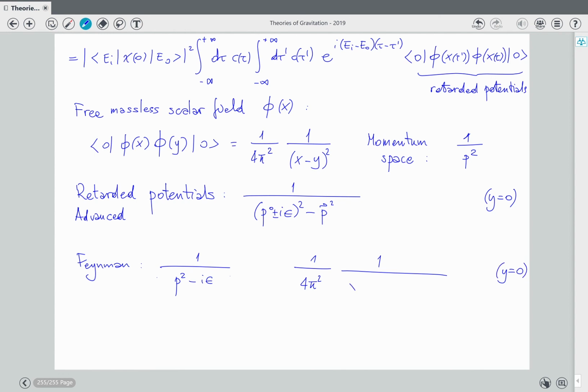So Feynman becomes 1 over x squared, and instead of p squared having plus i epsilon, x squared has minus i epsilon.